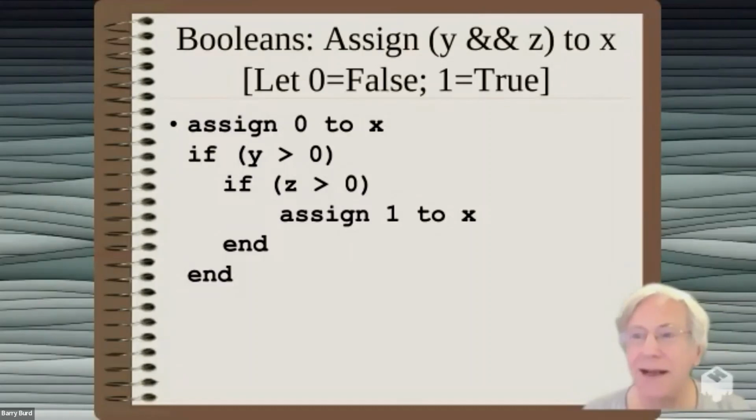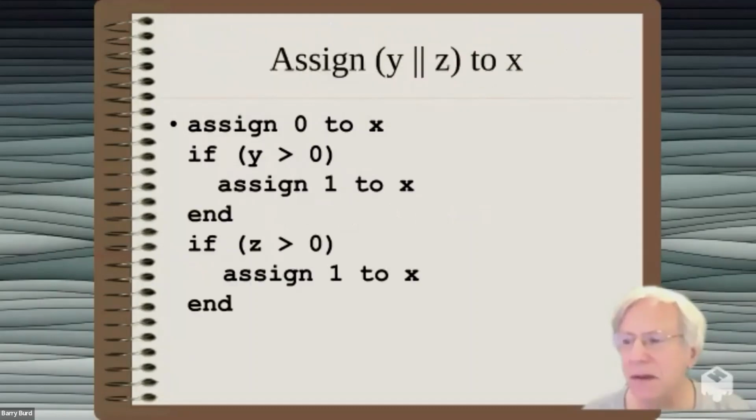Yeah, and I did it exactly the opposite way, but the same strategy. I first made X false and then said, if either Y or Z are 1, then assign 1 to X.